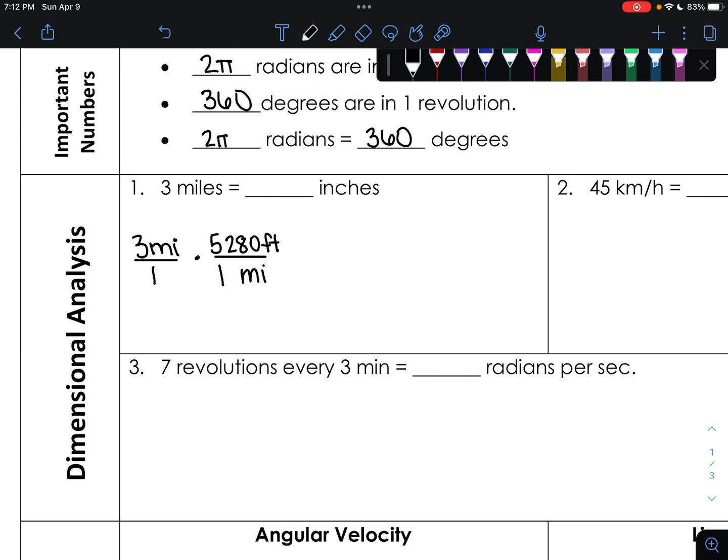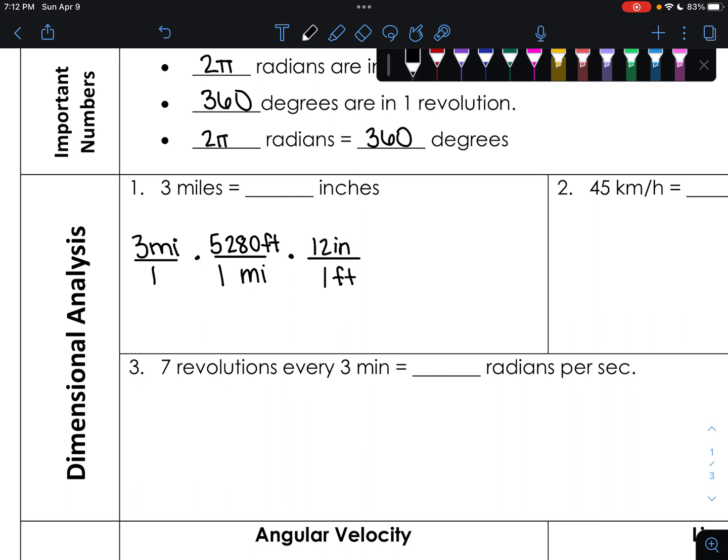So that converts the 3 miles to feet. Now, I need to figure out how many inches are in a foot. Well, again, I want the feet to cancel out because I want to be left with inches, so the feet need to be on the bottom because I have a feet on top. So, how many inches are in 1 foot? That would be 12 inches.